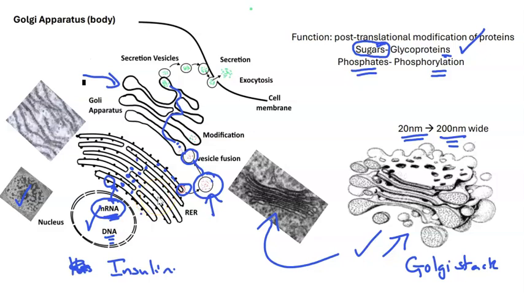And then the vesicles will bud off, move towards the cell membrane where it fuses with the cell membrane and then releases the contents, the glycoprotein or the phosphorylated protein, into the external environment. In the case of insulin, this would happen to the lumen of the pancreas by a process which is called exocytosis.